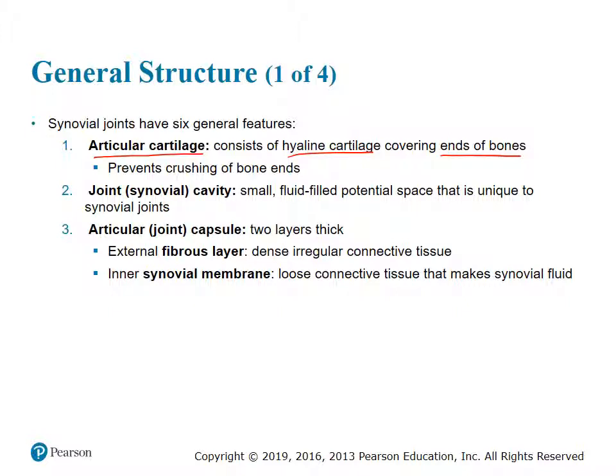It's like an extra covering to prevent friction from rubbing down or damaging the ends of the bones in this movement, because I told you that it was going to be freely movable. There's going to be a lot of movement all the time or consistently. Because of that, the ends of the bones that form the joint have to have this special cartilage covering the edges. We'll see an example of that in the figure.